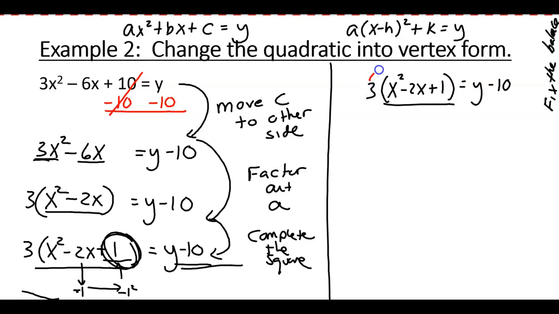You're going to take your A, you're going to multiply it times that number. So let's put multiply. And then whatever that is, 3 times 1 is 3. That's how much we really added to the left side. So now we need to add that over here. Fix the balance. Now my equation is balanced again.